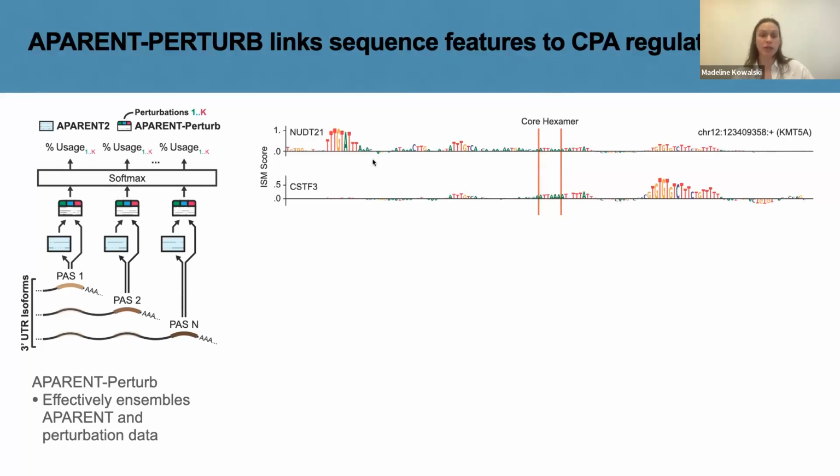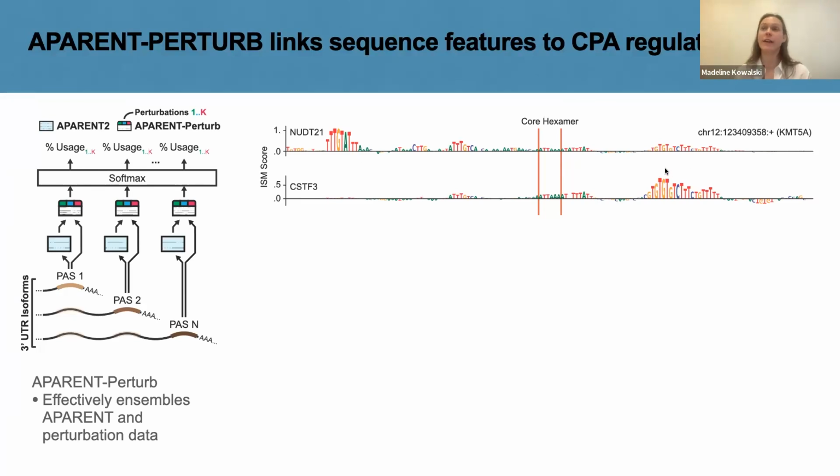For instance, if we use motif discovery tools, we can identify important sequence features. In this example, we identified TGTA, which happens to be the canonical binding motif of NUD-D21, and this also occurs in the upstream region. Importantly, we identified this as important for NUD-D21 perturbation, but not CSTF perturbation, showing that we have some specificity of which regulator is actually mediating the perturbation response.